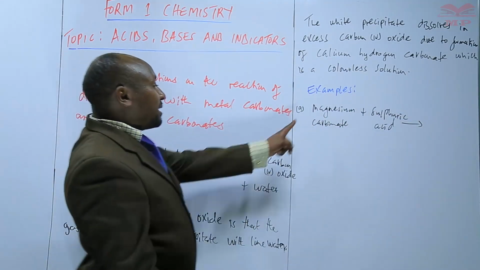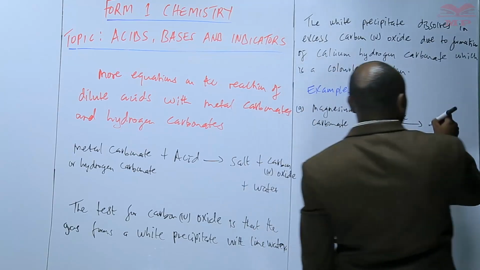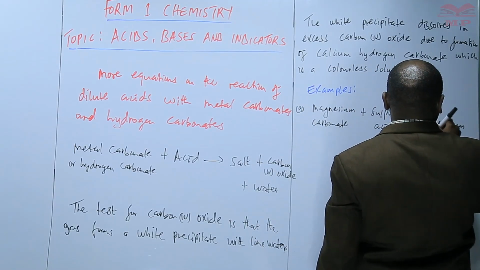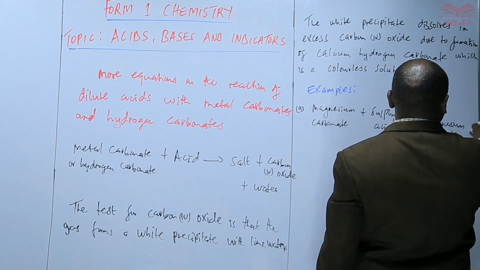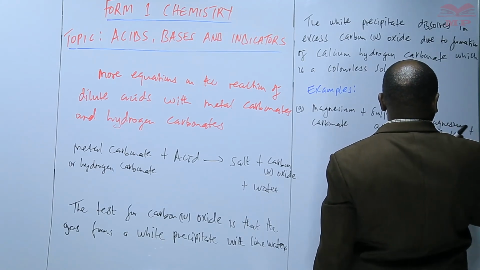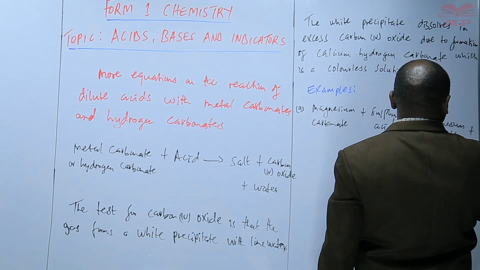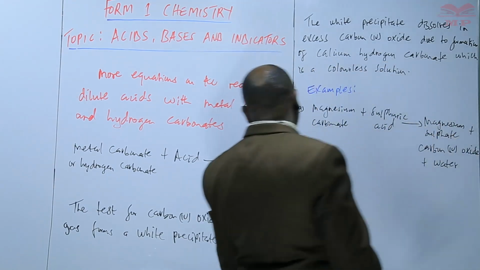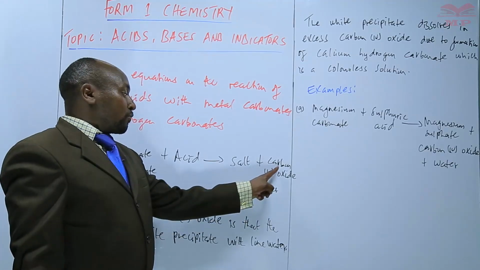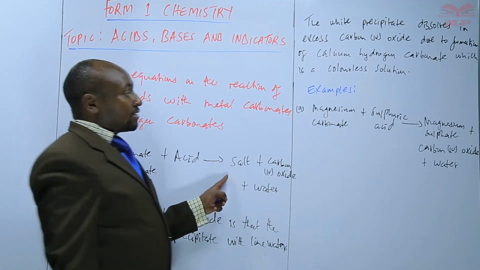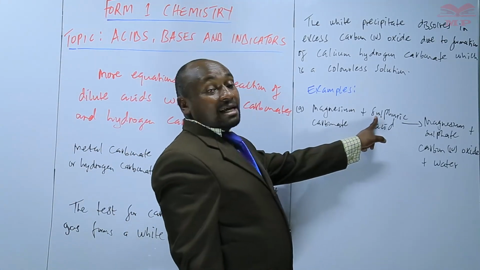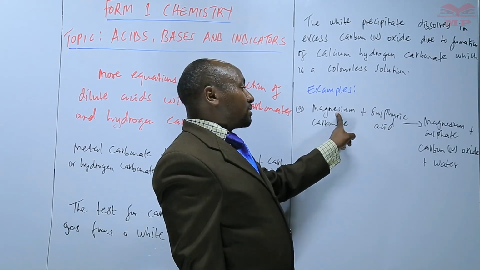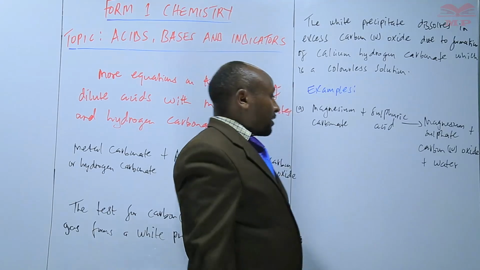So we'll get magnesium sulfate as the salt, plus carbon 4 oxide must be there, plus water. So we saw that there are three products: the salt, carbon 4 oxide and water. The salt that we get from sulfuric acid must be a sulfate. And because it's magnesium that we are using, it will be magnesium sulfate.